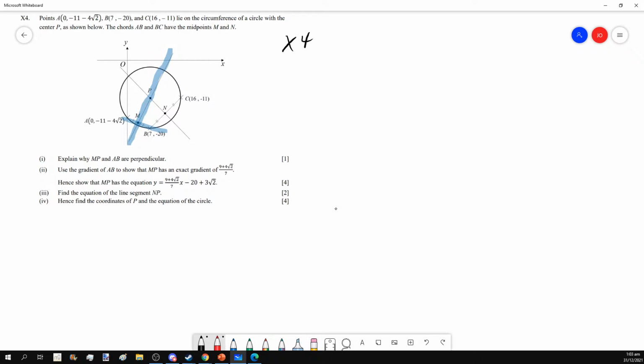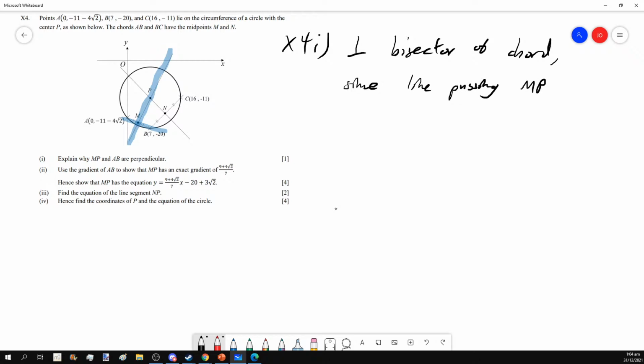But the thing is, we can simply say that the line that contains MP is the perpendicular bisector of a chord, and that in itself is the reason, since the line passing through MP is a diameter.